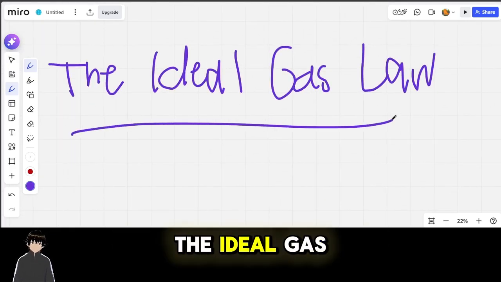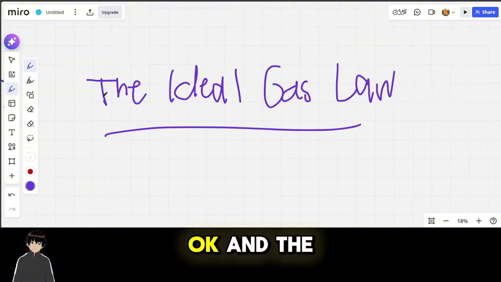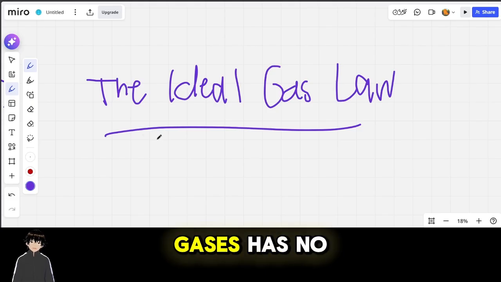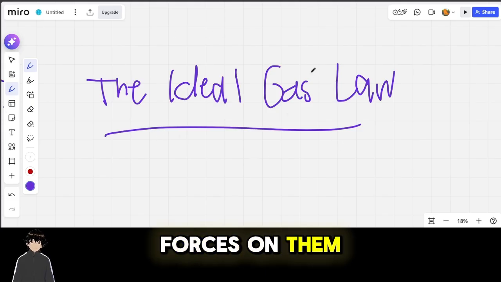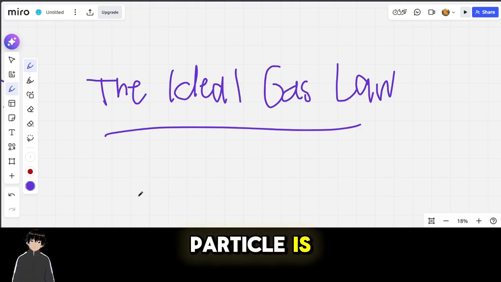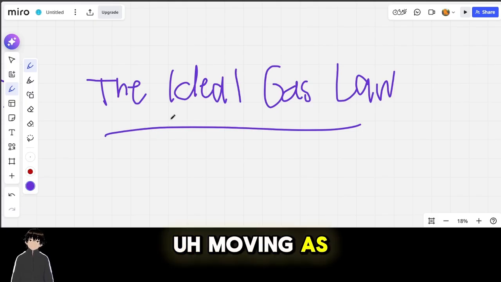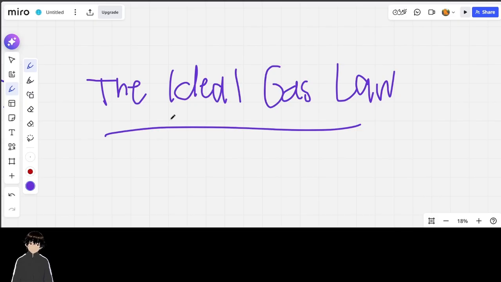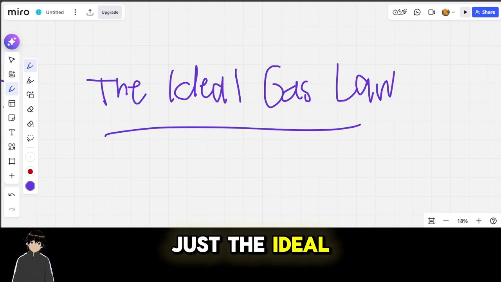That's basically just the ideal gas law. And the ideal gas law basically just stipulates that the gases have no forces on them, and every single particle is moving as it's expected to. That's basically what the ideal gas law is.